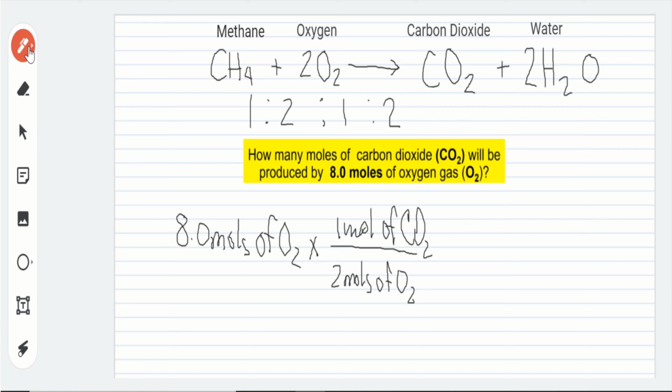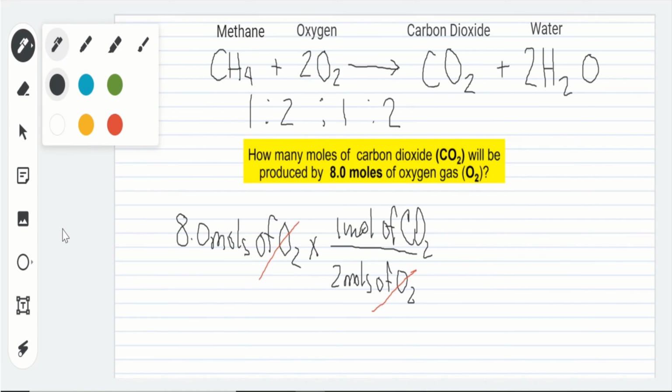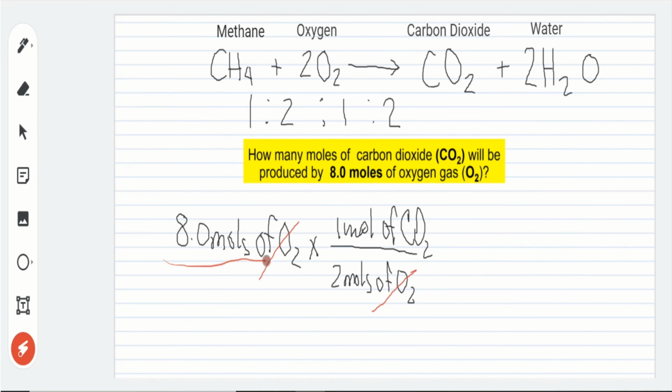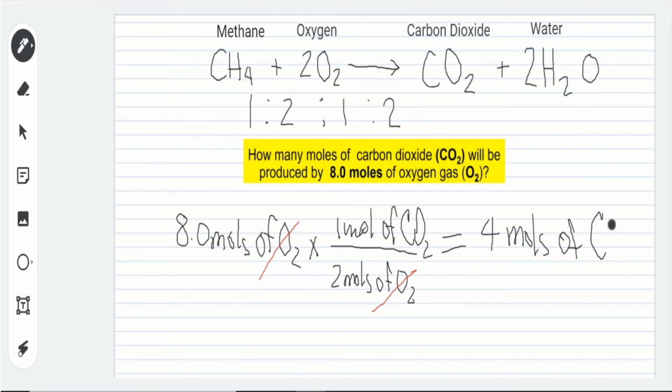So, ika-cancel natin yung moles of oxygen. We will multiply 8 moles of oxygen to 1 mole of carbon dioxide divided by 2 moles of oxygen. So our answer will be 4 moles of carbon dioxide.